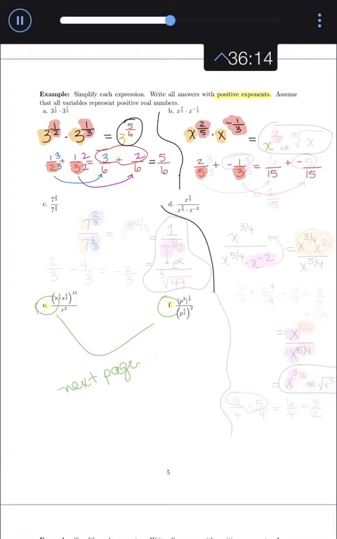This first fraction has a 5, so to get it to turn into a 15, we're going to have to multiply it by 3 on the top and the bottom, which will give me a 6 on top. The second fraction already has a 3 on the bottom, so it needs to get multiplied by a 5 to get the 15.